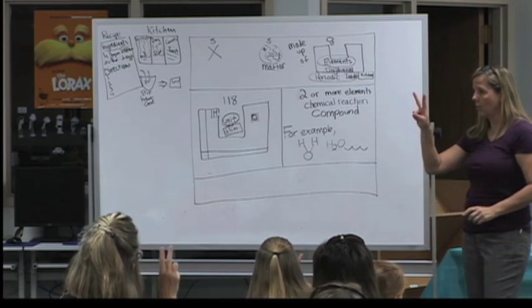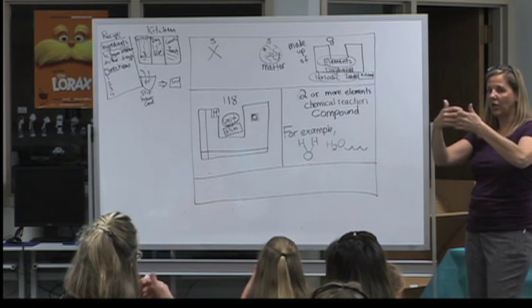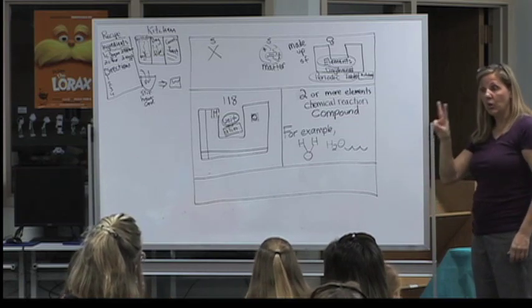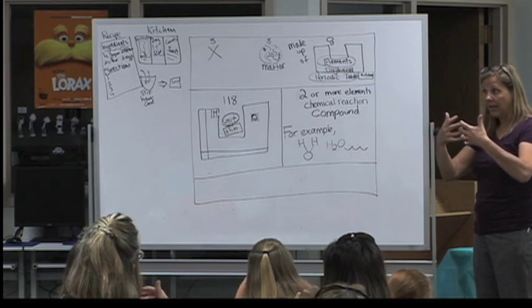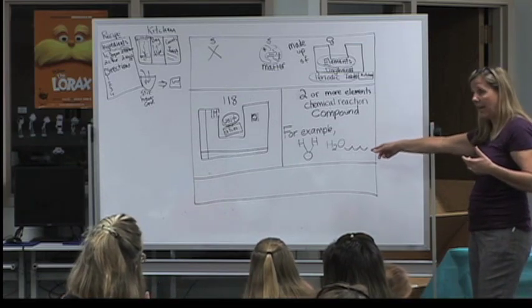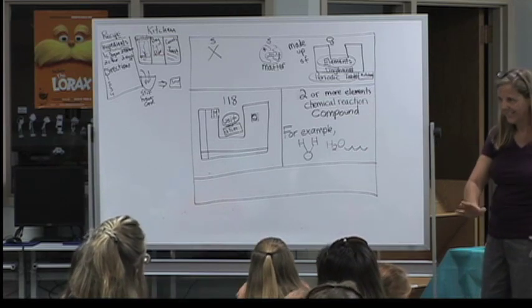When 2 or more elements have a chemical reaction, that's called a compound. For example, 2 hydrogen atoms and 1 oxygen atom have a chemical reaction which makes the compound H2O, also known as water.